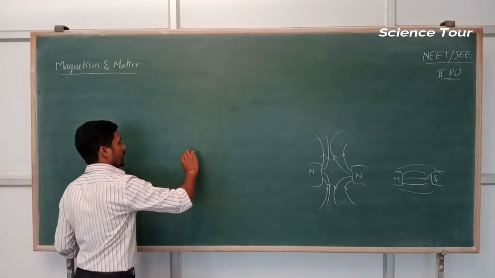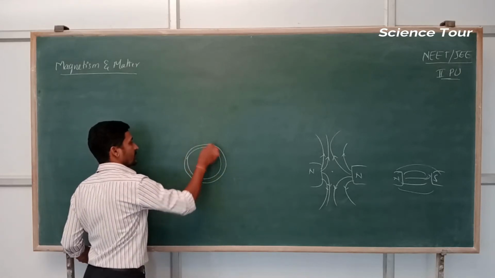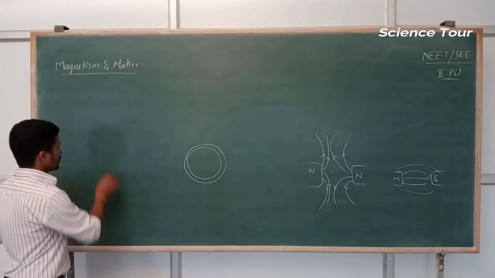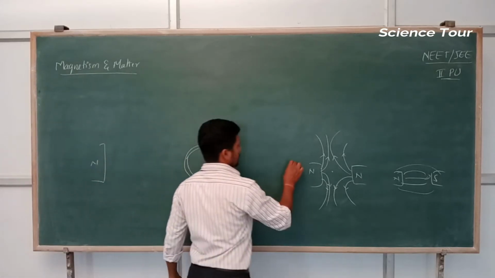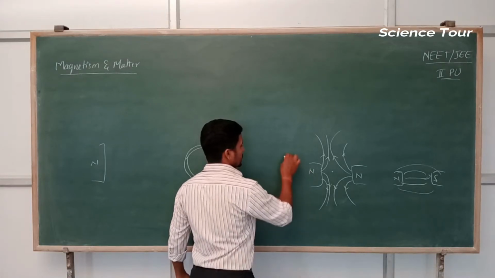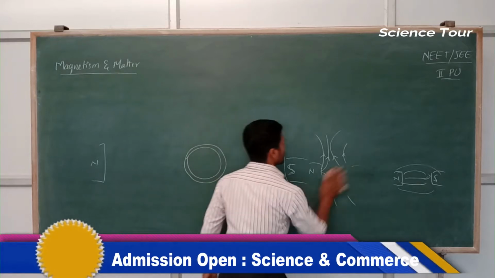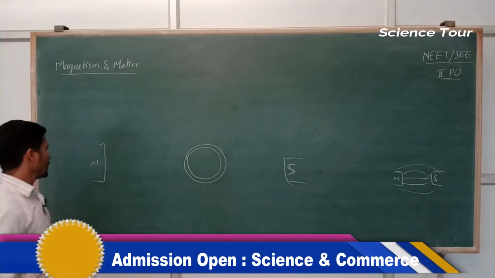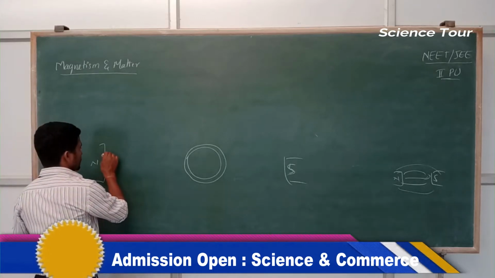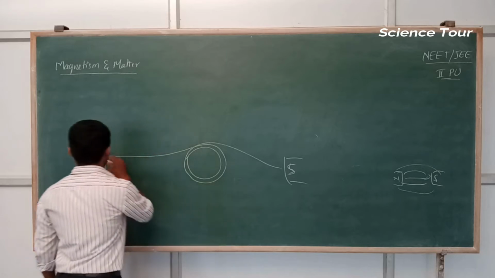Okay, now I have a ring which is made up of soft iron. I am going to keep a north pole here and a south pole here, which means a ring made of soft iron is kept in an external magnetic field. Now the magnetic field lines pass like this.